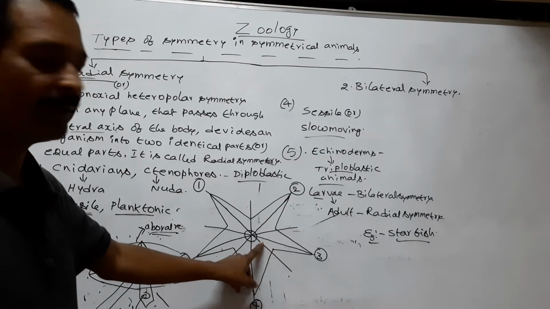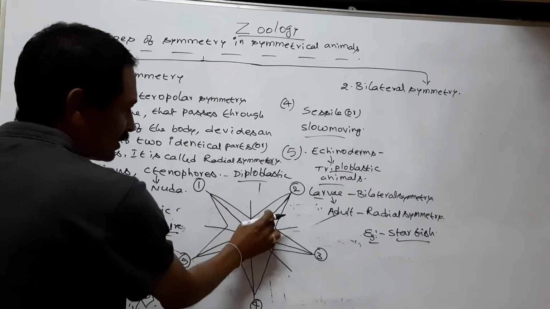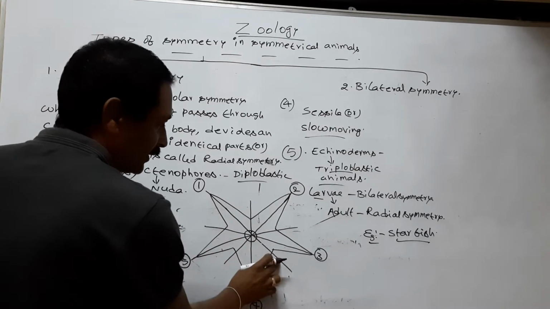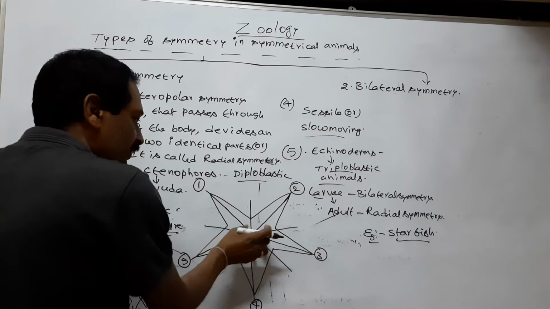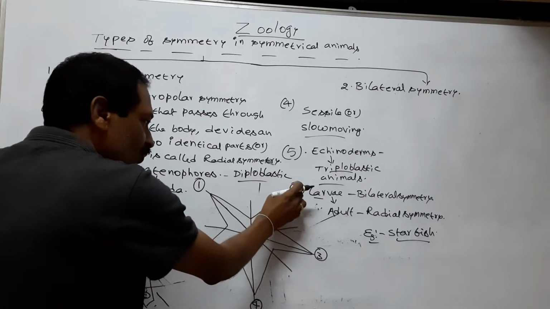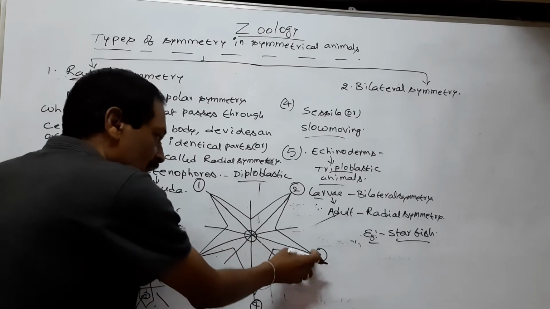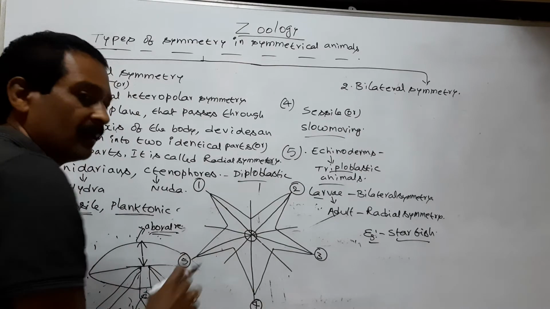We can cut the starfish into 2 equal parts through the first plane, the second plane also, third plane also, fourth plane also, fifth plane also.